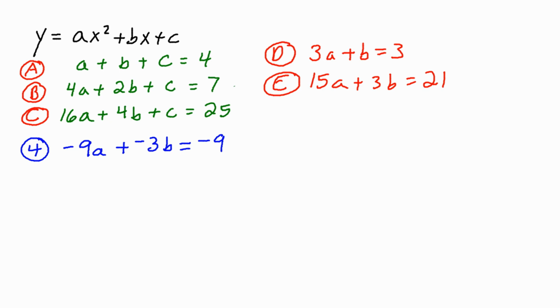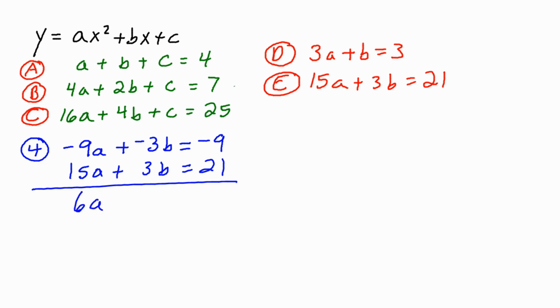I want to add to that 15a plus 3b equals 21. -9a plus 15a is equal to 6a. The b's cancel, and -9 plus 21 is 12. Divide both sides by 6, and a equals 2.